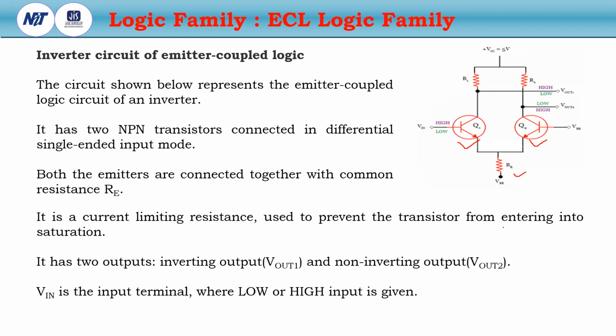It has two outputs, out 1 and out 2. Out 1 is the inverting output and out 2 is the non-inverting output. Vin is the input terminal where the low or high input is given.